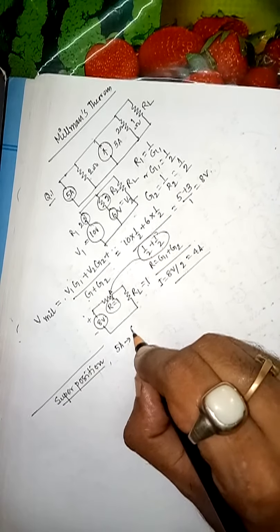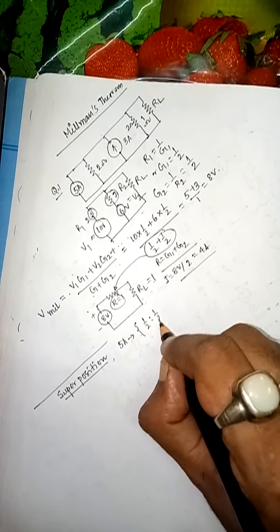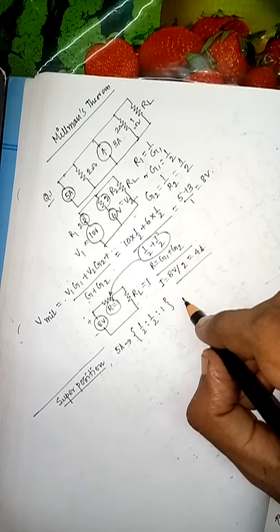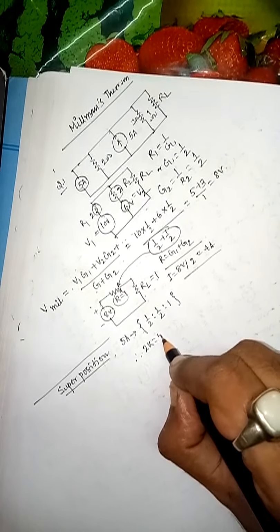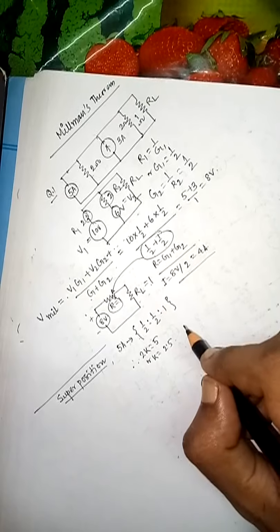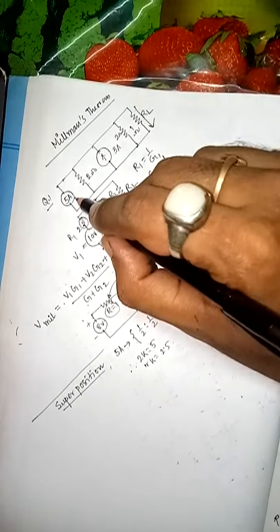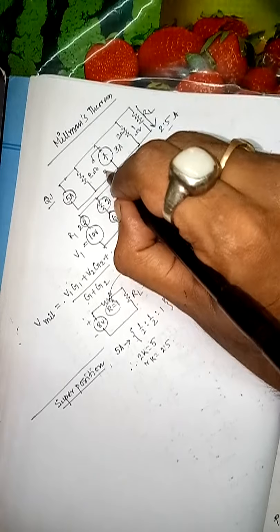The 5A current divides in the ratio 1 by 2, 1 by 2, 1. Taking K, 2k equals 5, so k equals 2.5. So the current through this particular branch for 5A is 2.5 ampere when the other source is open.